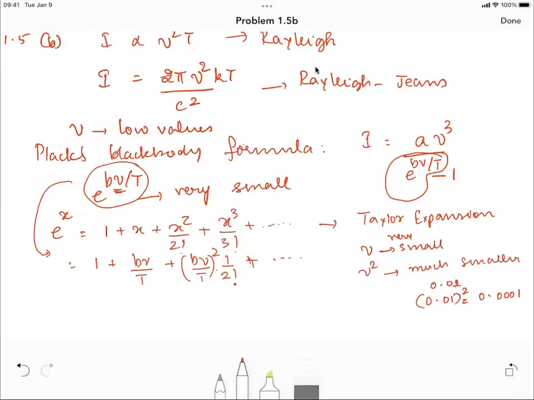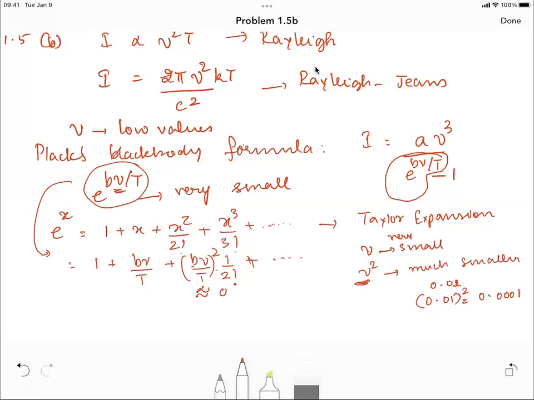So when the frequency is very small, the square of the frequency is going to be much, much smaller, to a point that we can neglect the term. When you multiply that with b by t, it's basically going to make the entire term's value much, much smaller. So we can approximate this term to be 0 and neglect it.